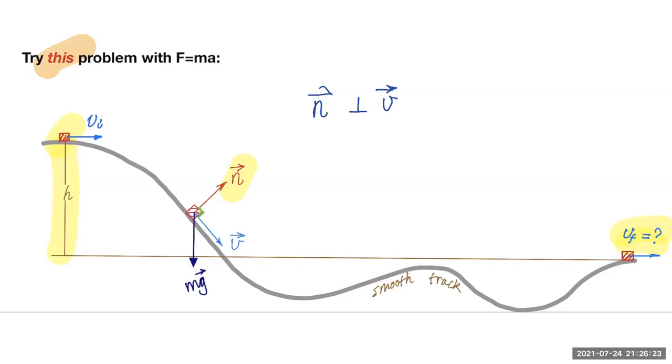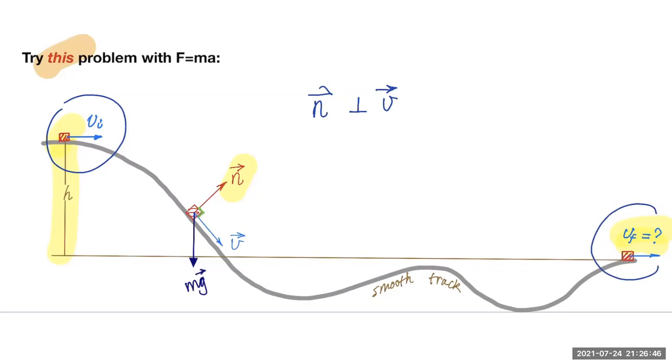But think about it. Do we really want to know everything about this motion from initial to final? It starts out from this initial state right here, and you have the final state over there, right?